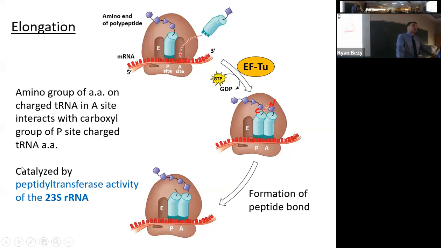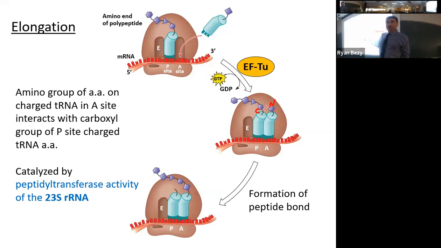This is catalyzed by 23S rRNA. Remember, most enzymes are proteins. Remember, there's always a few enzymes that are RNA molecules. This is an example where an RNA molecule is functioning as an enzyme. 23S rRNA is actually the main enzyme that facilitates peptide bond formation.